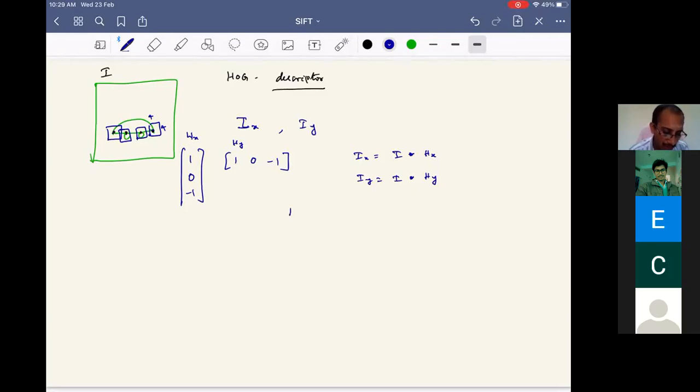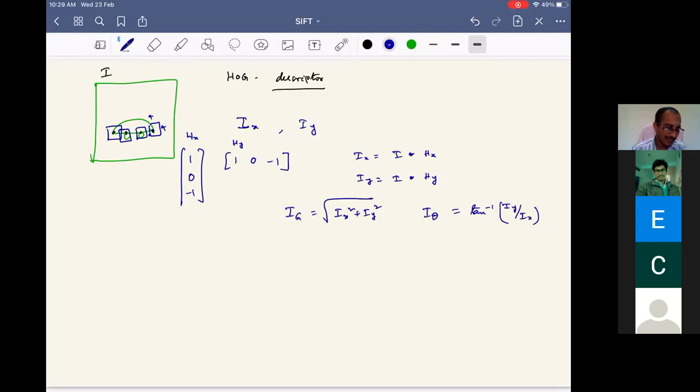After that, we would like to get the gradient magnitude and gradient angle. So how do I get the gradient magnitude? Square root of Ix square plus Iy square, and then gradient angle is tan inverse of Iy by Ix. Once we get the gradient angle and magnitude, for this patch we decide the number of bins.